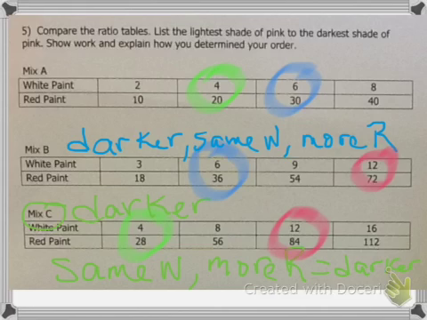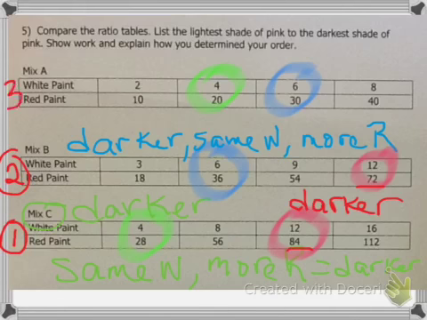So in this case, it looks like shade C is darker because it has more red. It has 84 reds compared to the 72. So if I'm ordering them from darkest to lightest, mix C is going to be the darkest, mix B the second darkest, and mix A the third darkest.